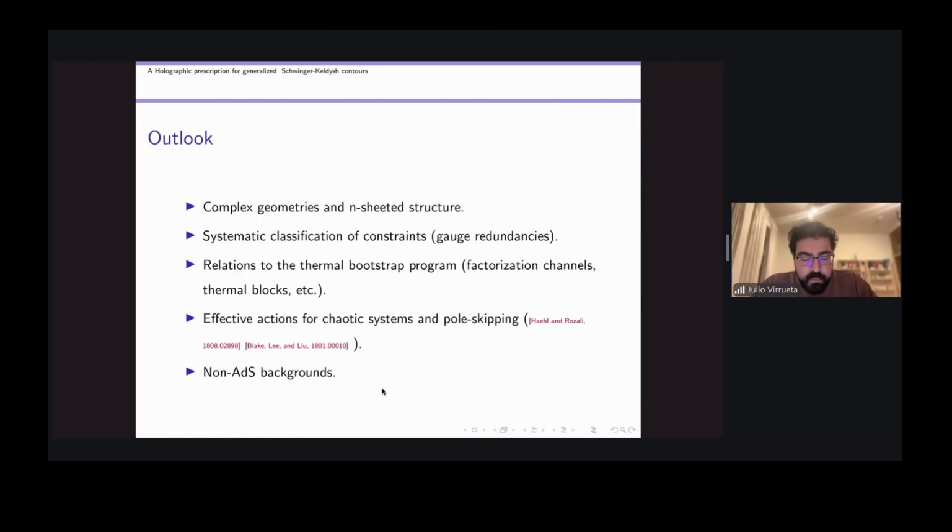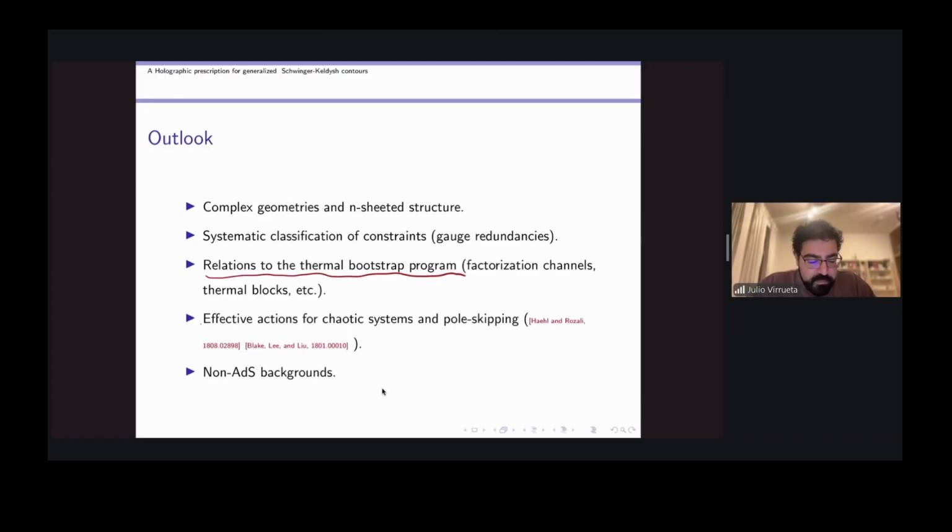Something that perhaps people will be interested in is if there is any relation between these results and the thermal bootstrap. If one considers CFTs in some large N expansion, is there an image of these particular factorization channels and results from Witten diagrams that translates into conditions for the factorization channels in CFT?